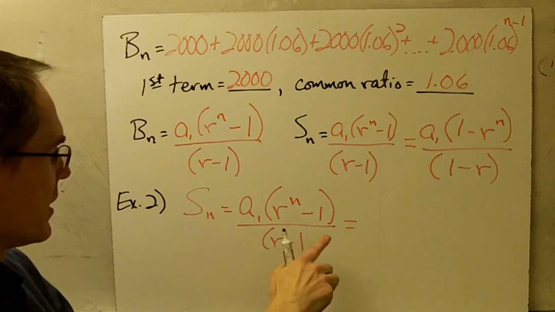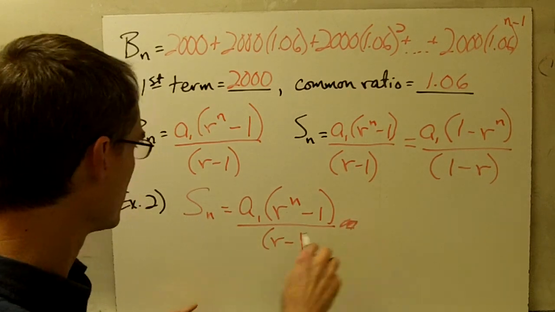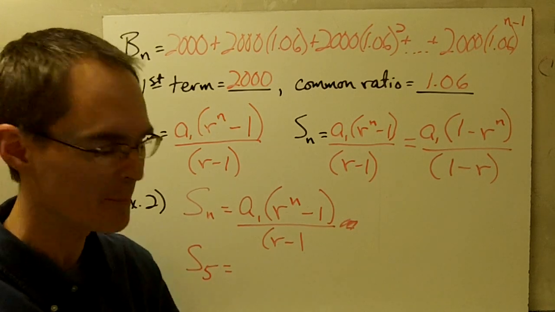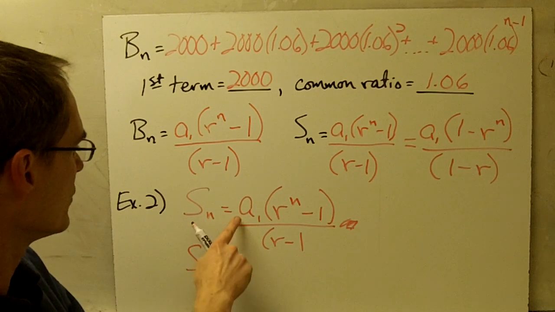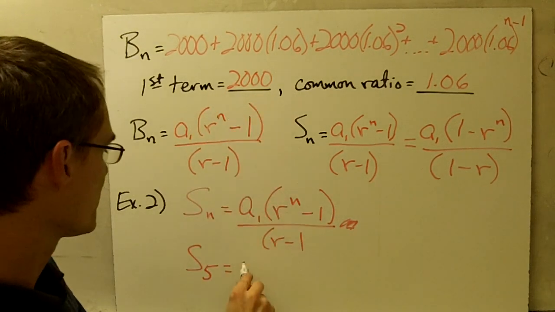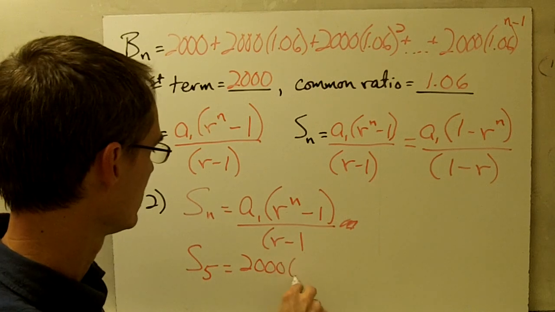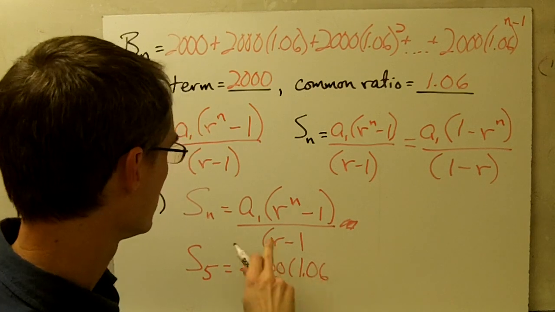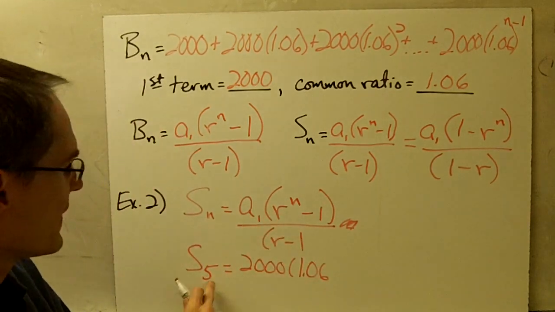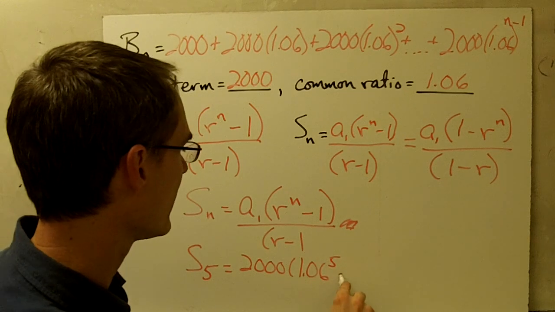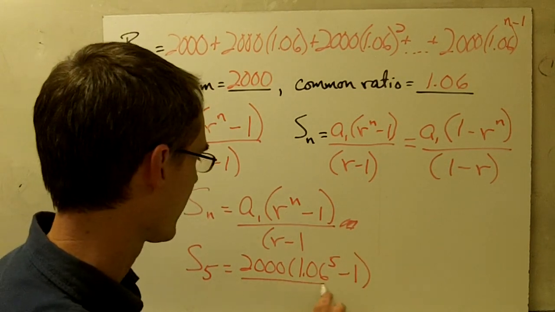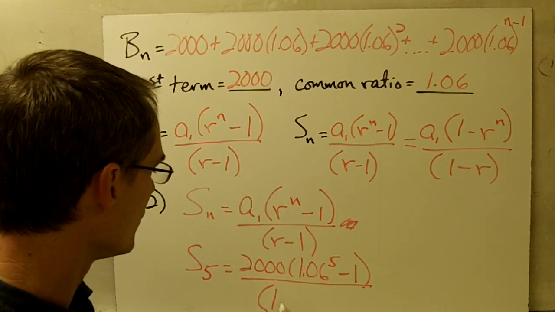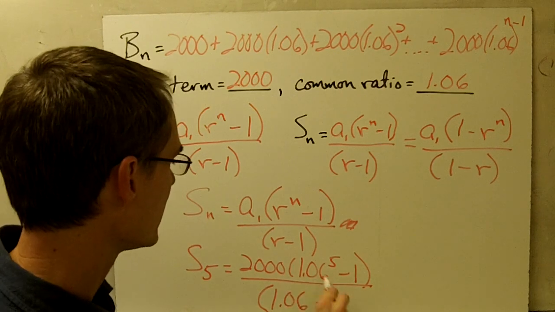So let's see, all I need to do is plug in my numbers here. Actually, let me write this as S sub 5 because I want to know the sum of the first 5 deposits. So S sub 5 equals A sub 1, that's my first term, 2,000, times R, that's my common ratio, 1.06, to the power of n, and again, n is 5, so 1.06 to the power of 5 minus 1, divided by R, which is my common ratio, 1.06 minus 1.